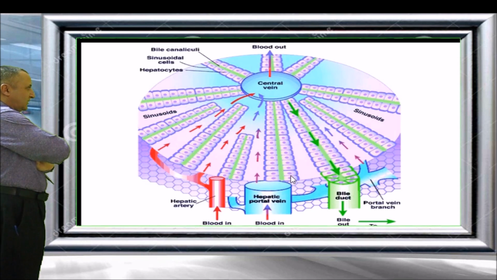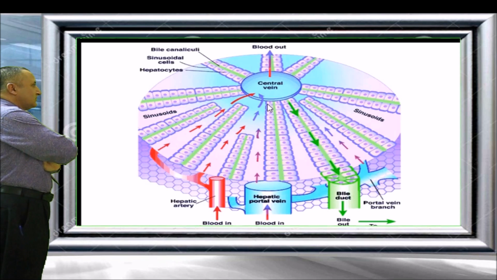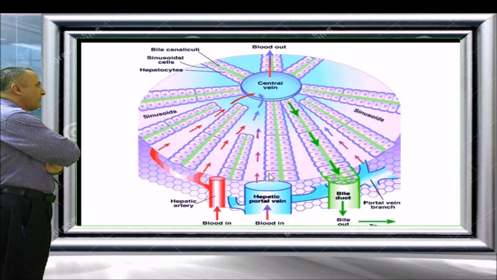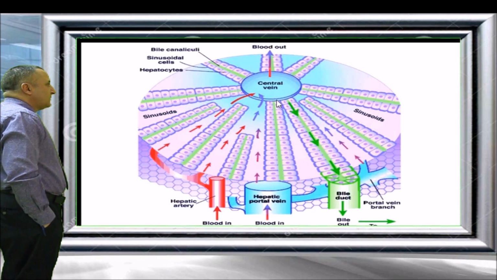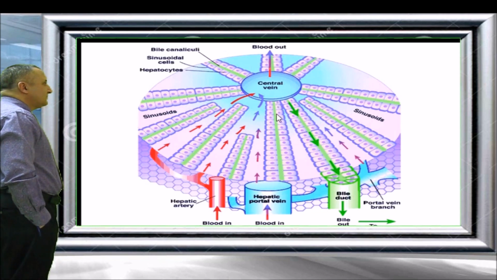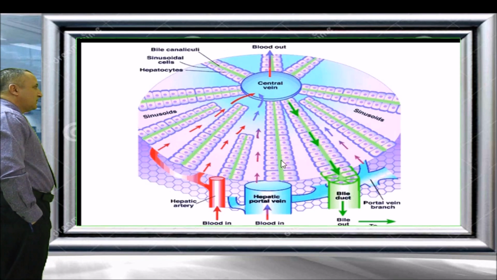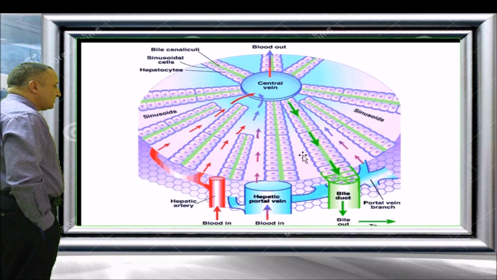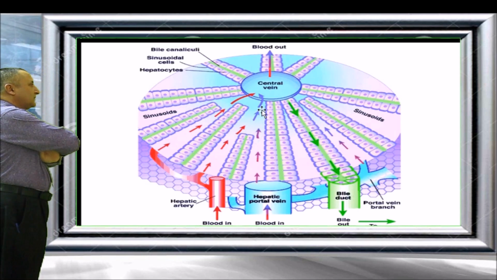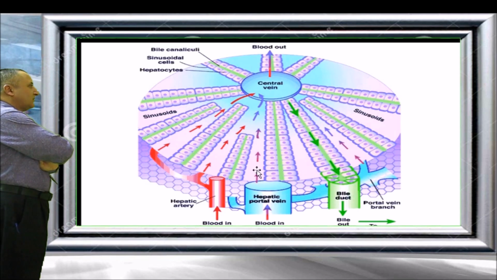This is one row of hepatocytes, this is the other row of hepatocytes. They pass from the central vein to the periphery like the spokes of a wheel. On either side of these hepatocyte strips are the sinusoids.